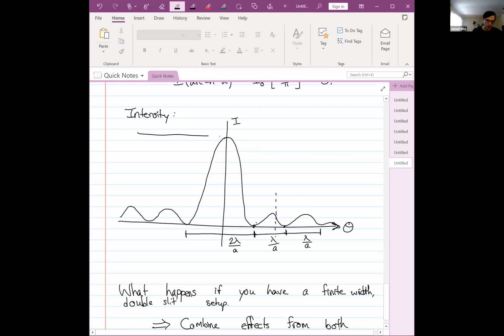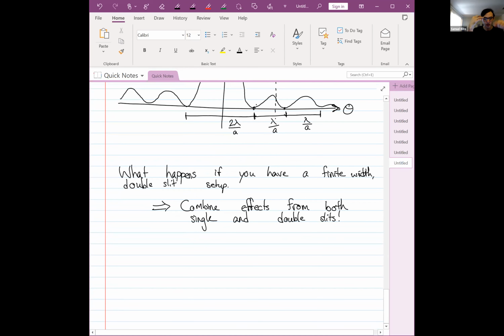You could think that the intensity would have been just flat if there was no single slit, but the effect of the single slit is to push this bit down, push this bit down, push this bit down a little bit less, and so on. So we can imagine, okay, this is what happens if you have a plane wave coming in. What if you have the interference pattern from a double slit coming in?